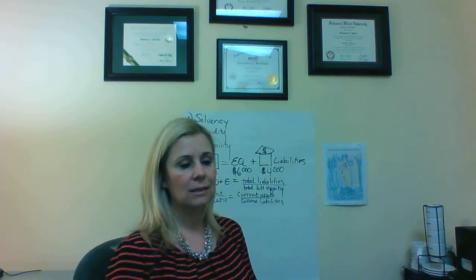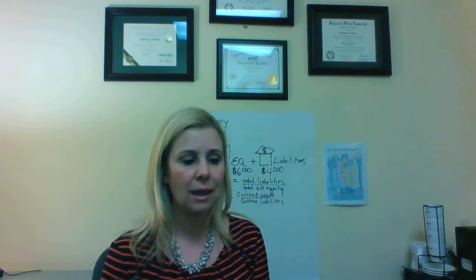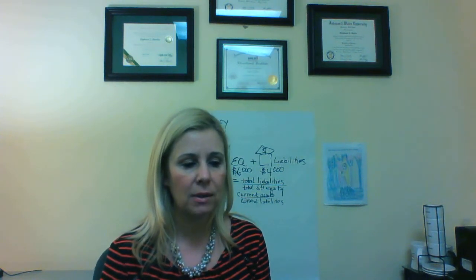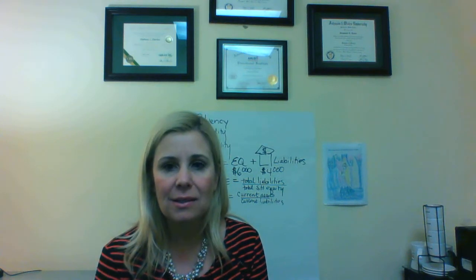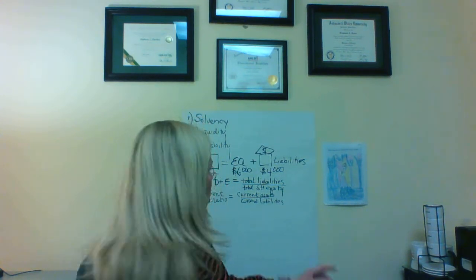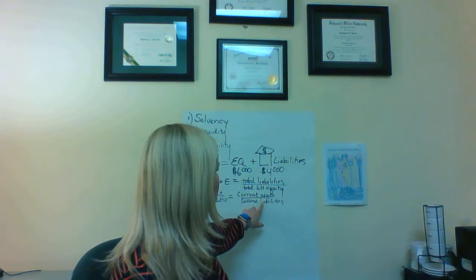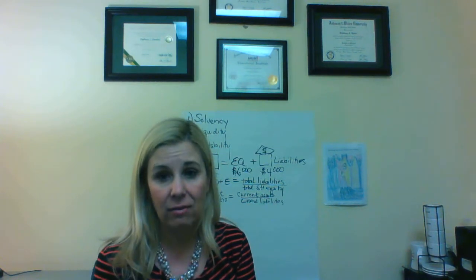What does this tell us about a business? This tells us how well the business can do at paying current bills that are due with the assets that they have, the current assets.